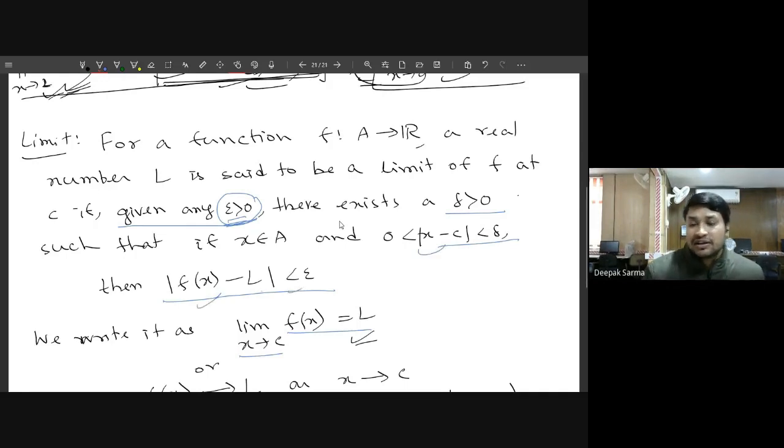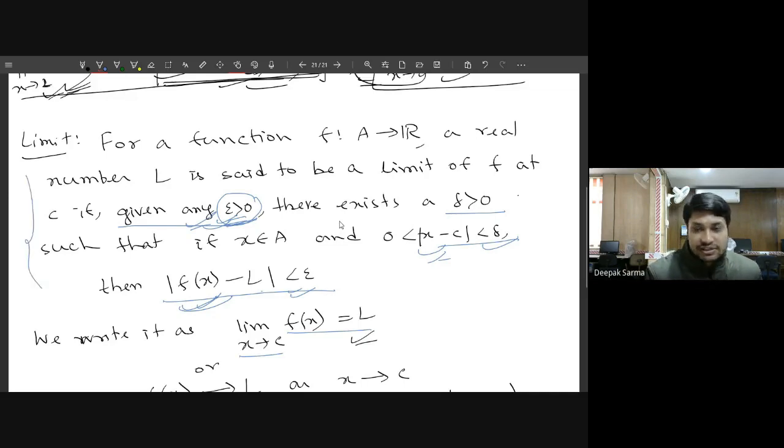I can make this difference, on both sides, smaller than epsilon by making x sufficiently close to c. How sufficiently? By another symbol delta. So that is the mathematical definition.